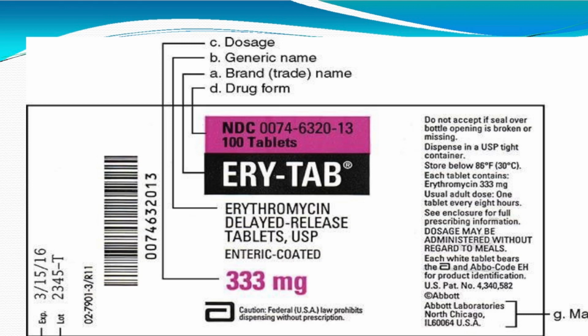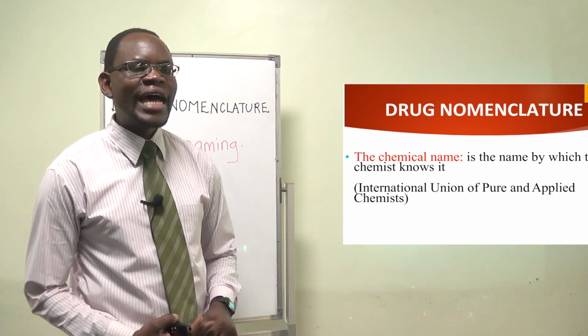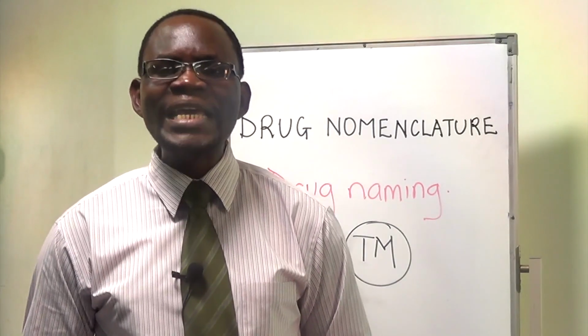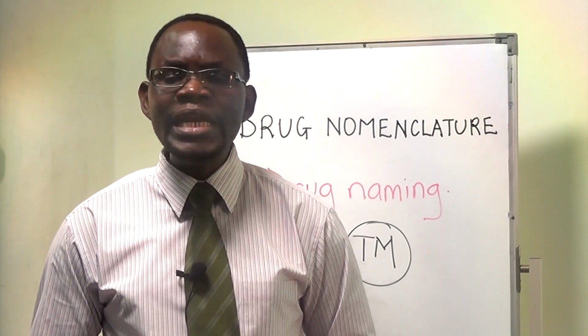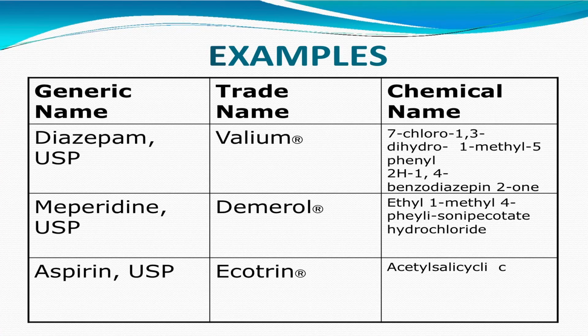Now, ladies and gentlemen, in summary, we have looked at drug nomenclature. We said that a drug is named by three names: the first one is the generic name, then the brand name, and then the chemical name.